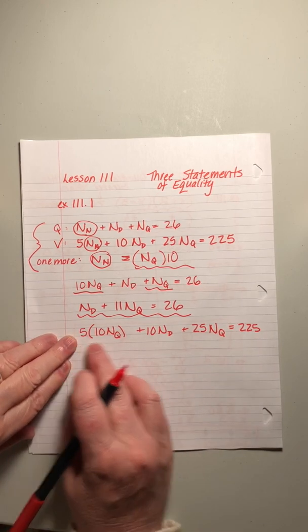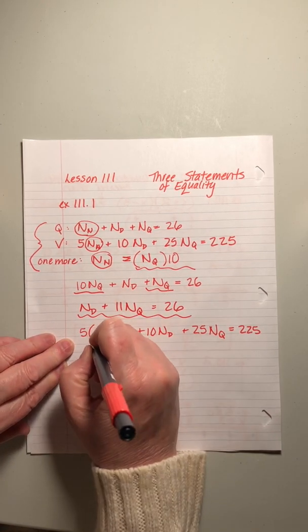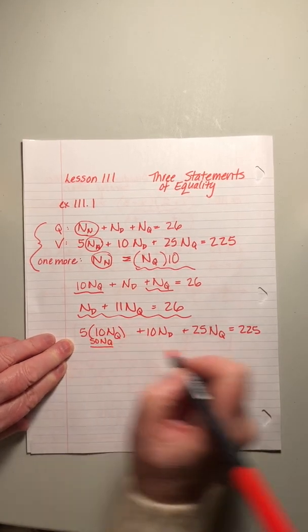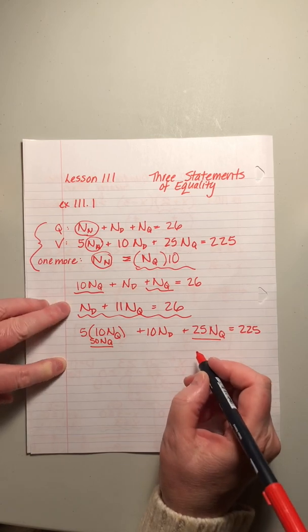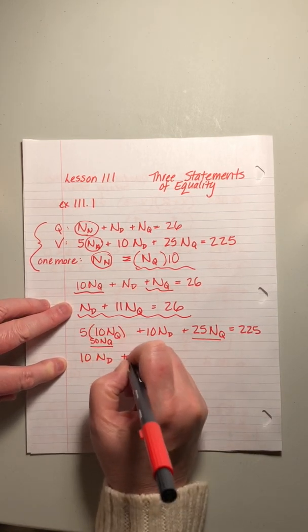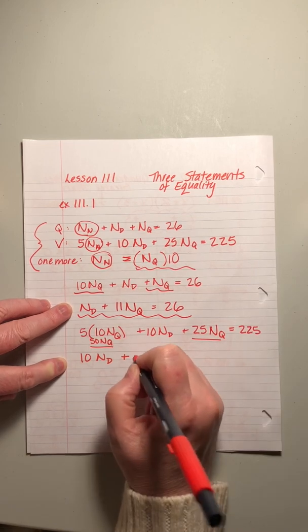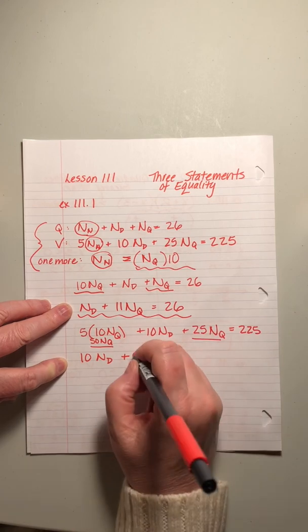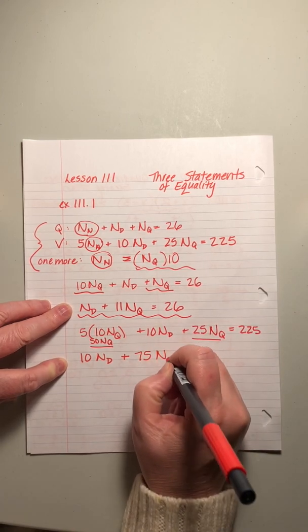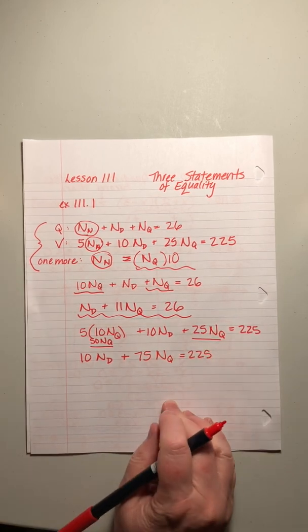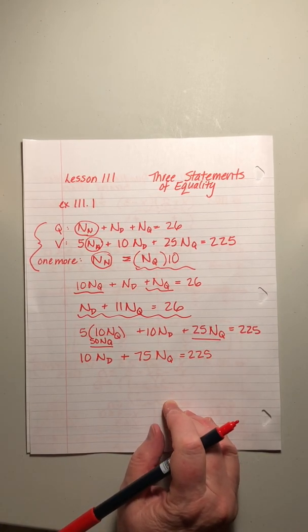Now let's just do that quickly. That's 50 times the number of quarters, right? And we'll combine this and this. So it will be 10 times the number of dimes plus, this we multiplied and we got 50 plus 25, 75 times the number of quarters equals 225. How do you feel about it so far? It's kind of crazy, right?